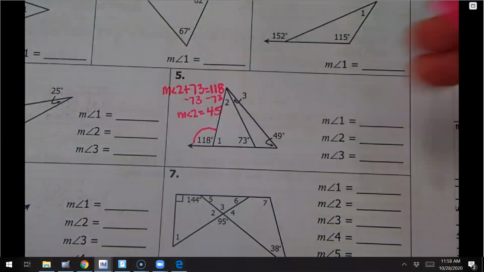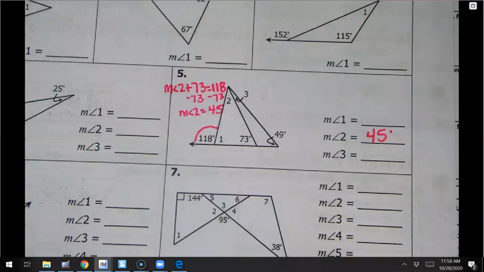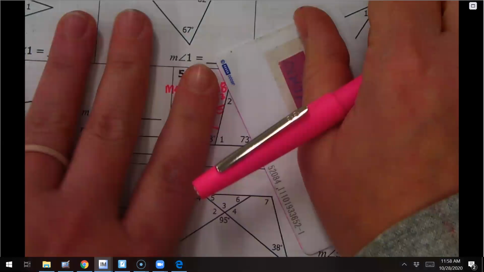Now that I have the measure of angle 2, I can find the measure of angle 1. I like to cover things up because sometimes it just seems like too much. That's why I keep covering stuff up. So if I know that 2 is 45 and this one's 73, how can I find 1? That's right.